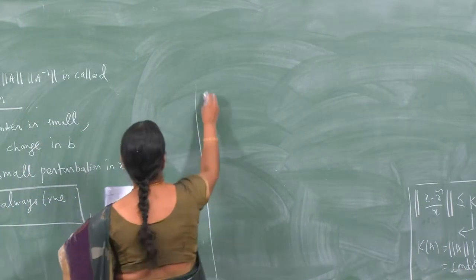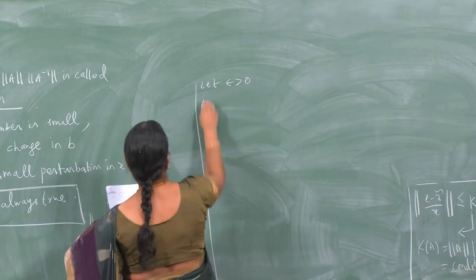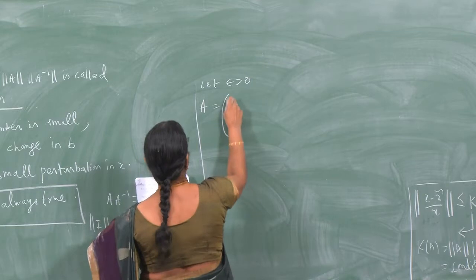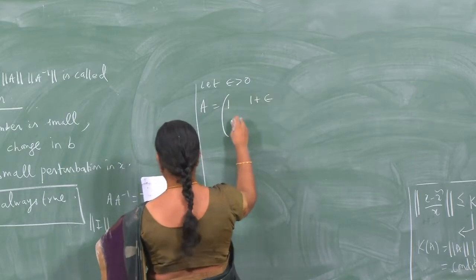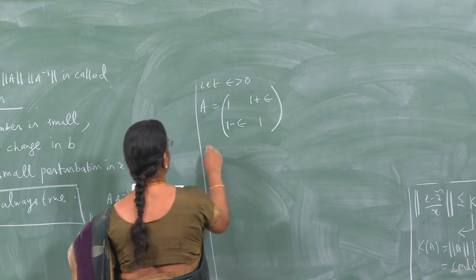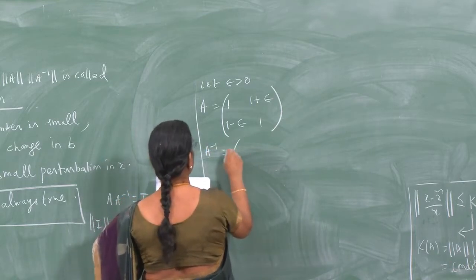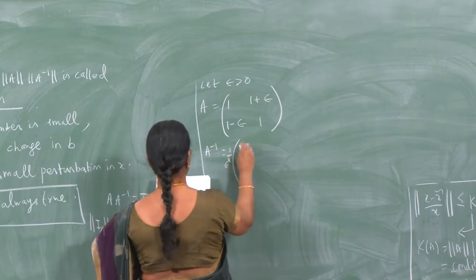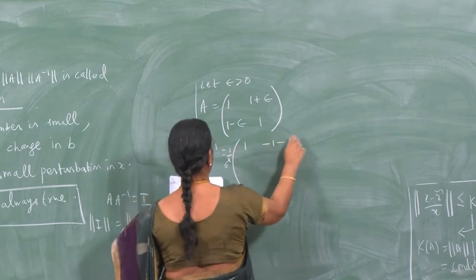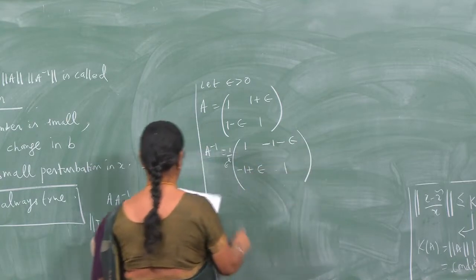Suppose epsilon is positive and I give you a matrix A which has entries 1, 1 plus epsilon, 1 minus epsilon and 1. Then compute A inverse, which is 1 by epsilon square into 1, minus 1 minus epsilon, minus 1 plus epsilon and 1.